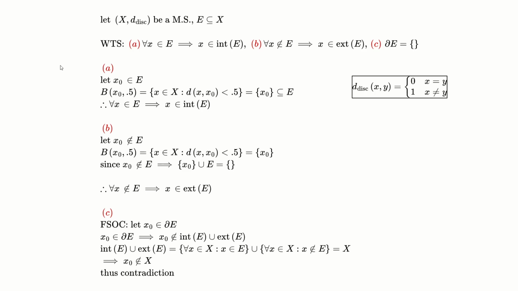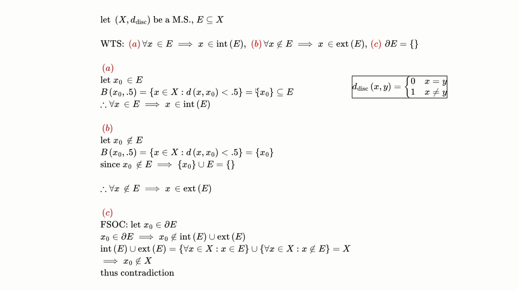So basically, the main idea of how we want to prove this is, as you can clearly see here, the discrete metric is equal to 1 when x is not equal to y, and 0 when x is equal to y. So basically, if we have some r that is less than 1, let's just say, for example, 0.5, this represents a ball of just one element because this is just itself, that satisfies all values that is less than 0.5, which is just 0.